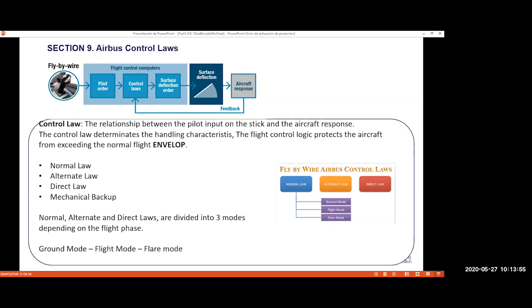Why? Because when we move the side stick, there is a way that the surface moves, with certain handling characteristics. This movement of the surface must be different if we are on the ground, when we are in flight, and when we are trying to land. Completely different. This is the reason there are submodes. How the control responds is different.